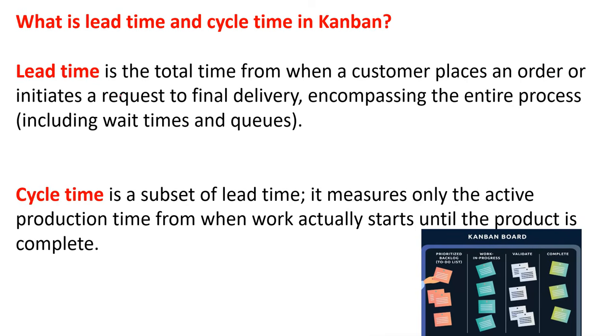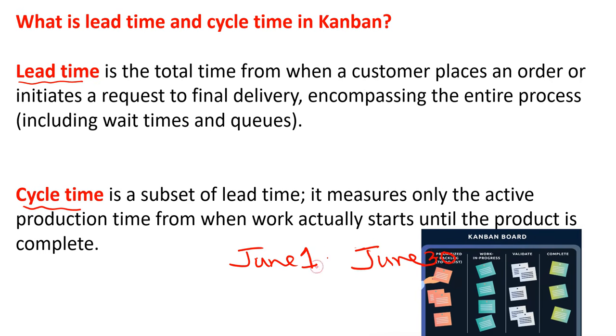But in Kanban, there are two important terms which you should know. One is called the lead time, one is called the cycle time. What is the difference between these two? Lead time is, suppose this is our customer, said they need a website, and they came to us and said, okay, on June 1st they requested to make the website, and we said, okay, your website will be completed on June the 30th.